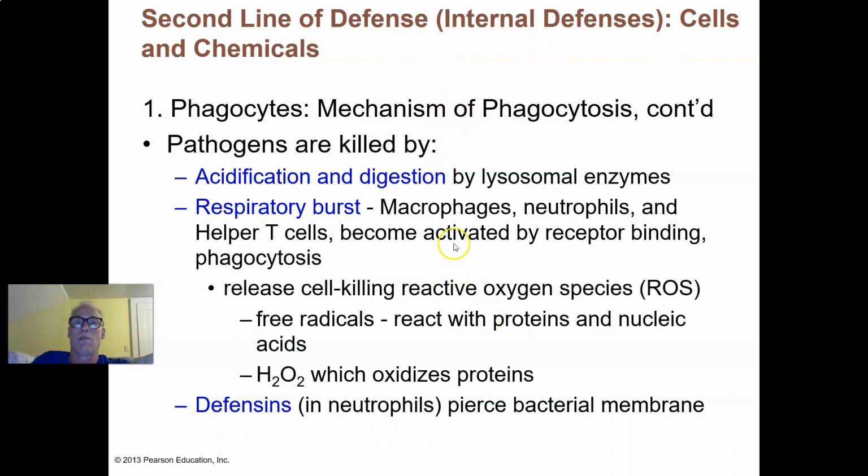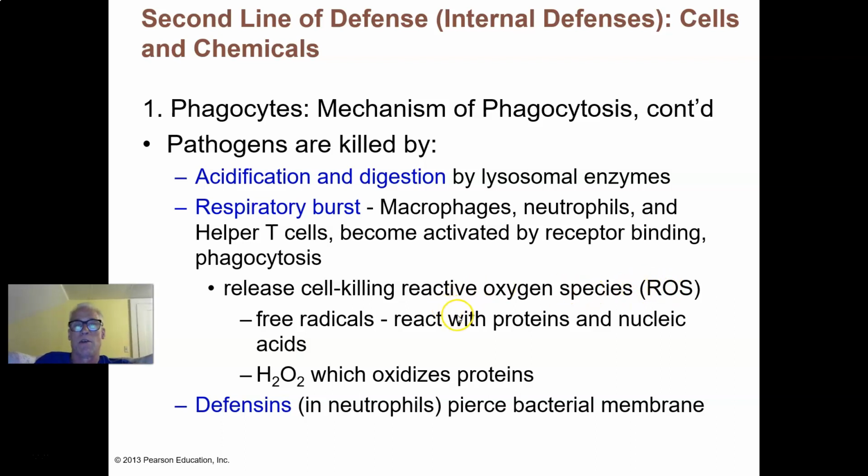Just in case, the macrophages and neutrophils can undergo a bunch of chemical reactions. Once they phagocytize something, they become activated and start producing toxic chemicals, especially reactive oxygen species. Oxygen can be made into some very nasty chemicals, which then diffuse right into those vesicles and help make sure we kill the microorganisms in there. Sometimes it's not so easy to do.